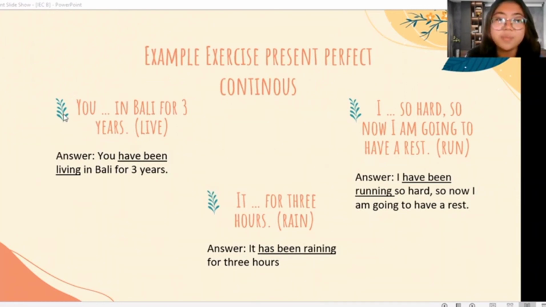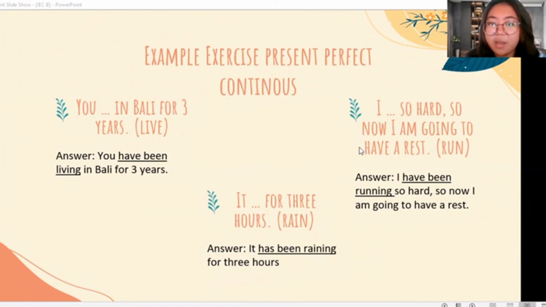Okay, number 1. You blah blah blah in Bali for 3 years. The answer is you have been living in Bali for 3 years, because you began living in Bali 3 years ago and you are still living in Bali till now. Okay, number 2. It blah blah blah for 3 hours. The answer is it has been raining for 3 hours, because it began to rain 3 hours ago and it is still raining now.